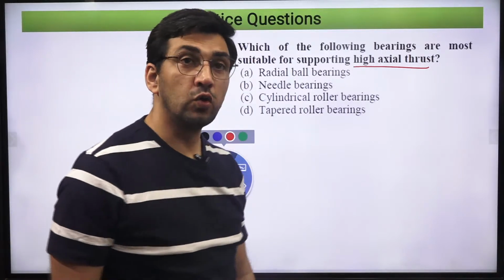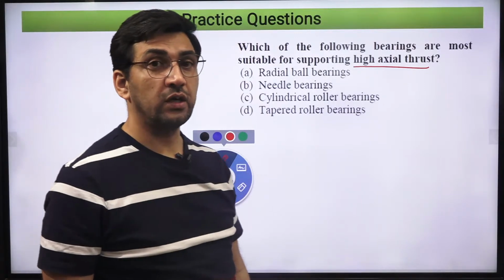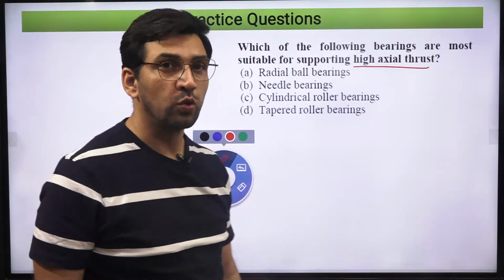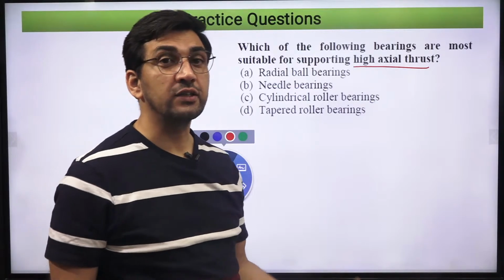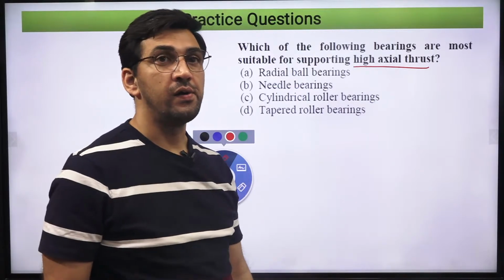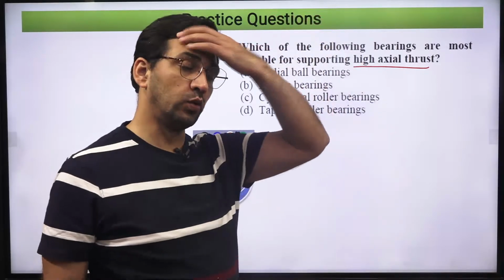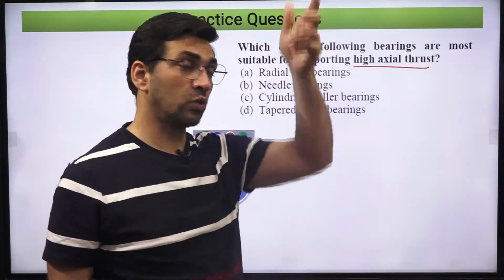Can roller bearings carry the thrust load? Roller bearings cannot carry the thrust load. They can carry very high radial load, but they cannot carry thrust load.